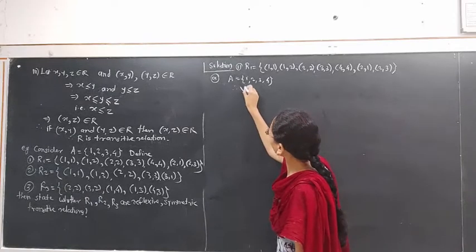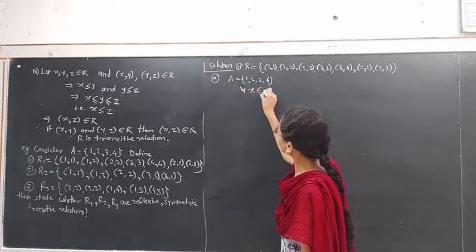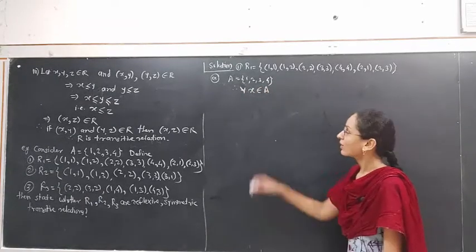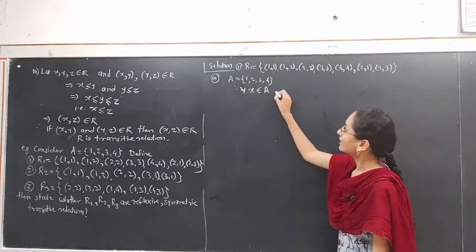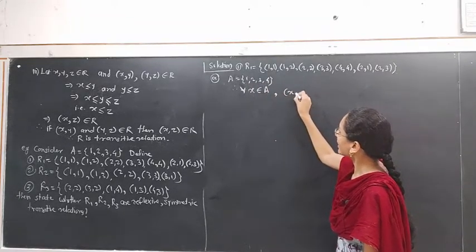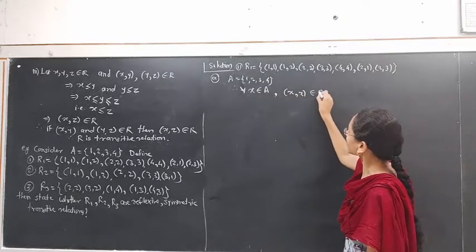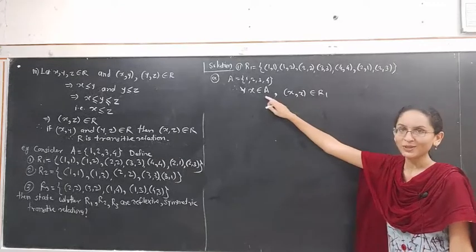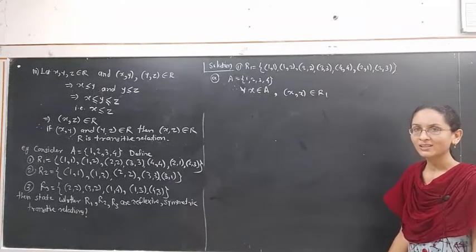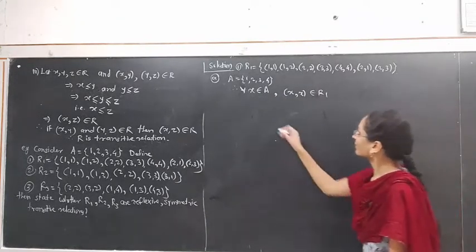Therefore, for all x belongs to set A, if x is equal to 1, 2, 3, 4, then we have ordered pair (x, x) belongs to relation R1. This is true for all x belongs to A, hence R1 is a reflexive relation.